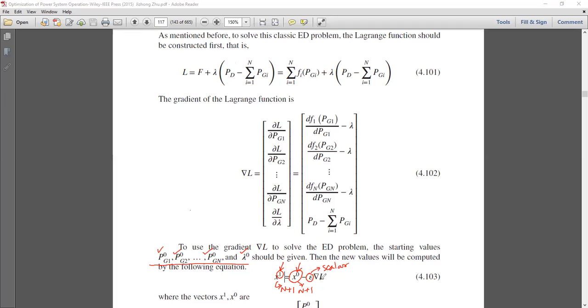Minus epsilon is a scalar. So what should be the dimension of del L? N plus 1. You already have it here. Okay. So these are the dimensions for each of the entries of your equation 4.103. Clear? Very easy. No magic here.